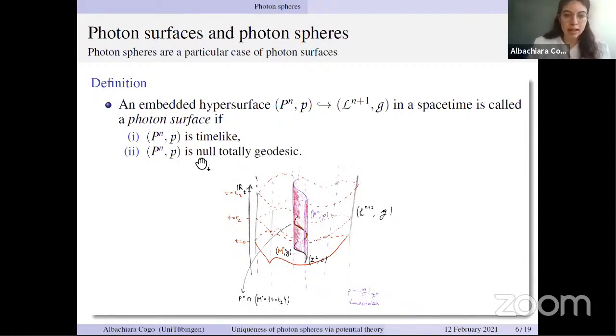And then it is null totally geodesic, which trivially means that every null geodesic that at some point is tangent to it remains tangent to it. And this corresponds to being totally umbilic inside our spacetime, and to have a physical intuition of it, it means that light, so photons, whose trajectories are identified by null geodesics, are trapped into these surfaces.